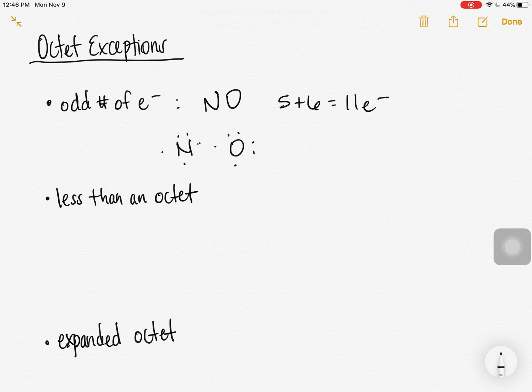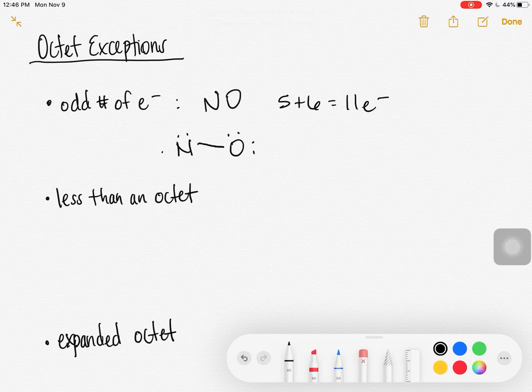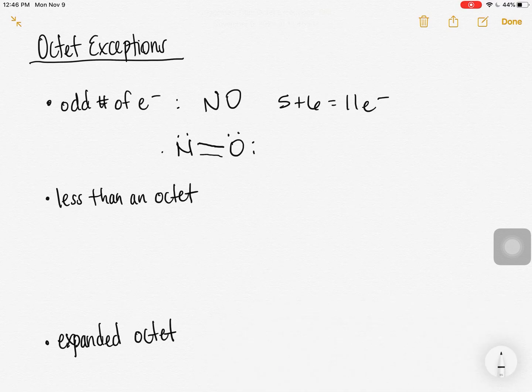We can get a little bit better than this. We could have something that looks like this. We could also have it the other way, where N had the octet and O didn't.